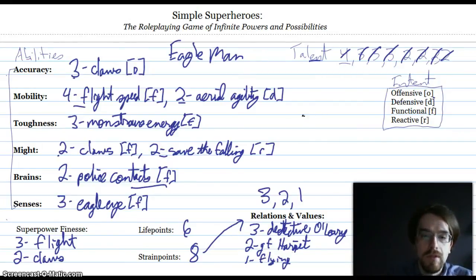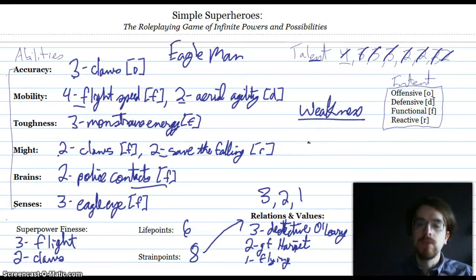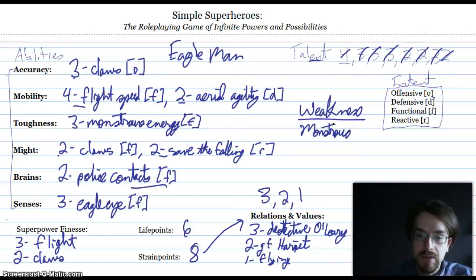Now, the last thing we do for a character in Simple Superheroes is we give him a weakness. There aren't any hard and fast rules about weaknesses in Simple Superheroes, but everyone should have one, and it's kind of up to the player exactly how bad it is, and to the GM how much he wants to pick on that weakness. So for Eagle Man, we're actually going to take a disadvantage that I'm going to call monstrous appearance.